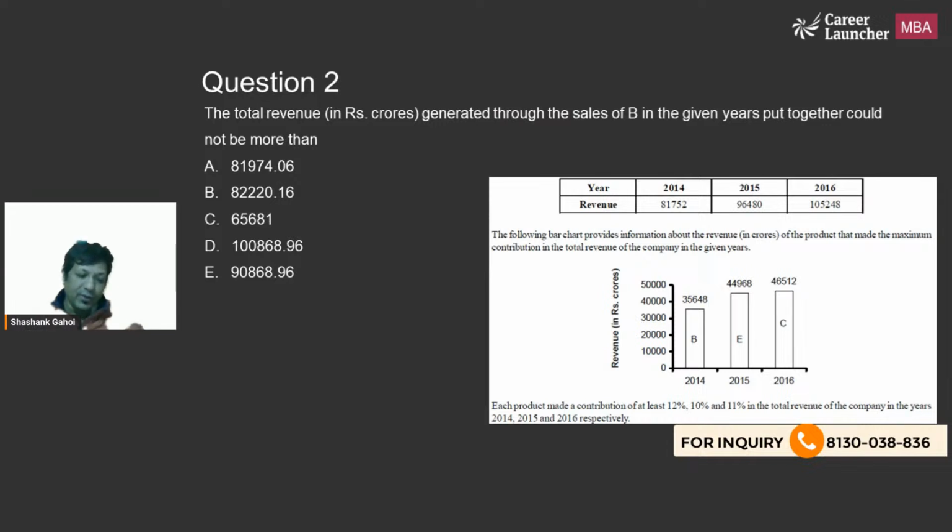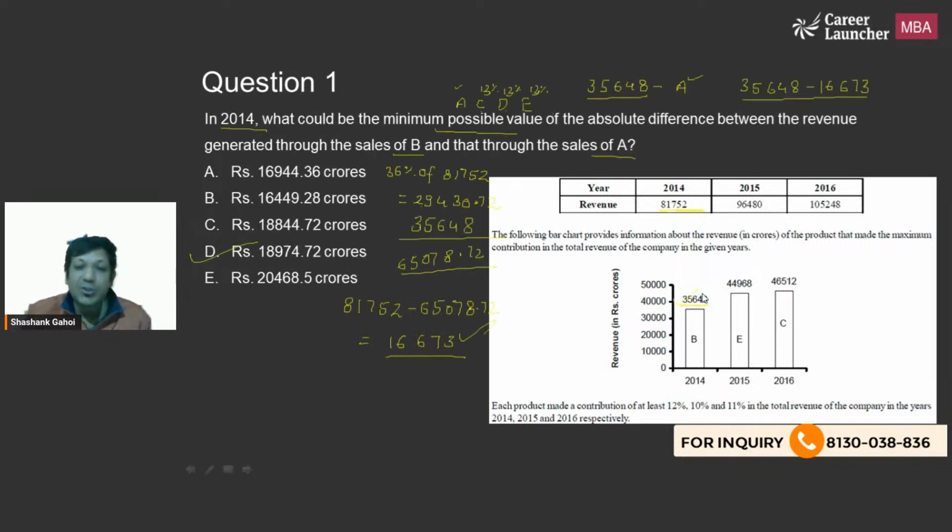Should I move to the next one? Okay. Now, the total revenue generated through sales of B in the given years put together, not more than that. So basically Shubhra has told that here B is how much percent? Kushagra, tell me.